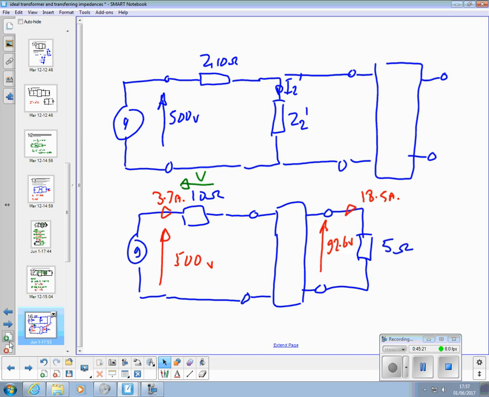What you must remember with this analysis is the only two places you can put your meter and measure is there and there. You can't get on the terminals of the ideal transformer. I'll explain that better when we do the real transformer model. The only places you can measure are where that load's connected and where that generator's connected. There'll be other components between those terminals and here that are representing the losses, and you can't measure those voltages.